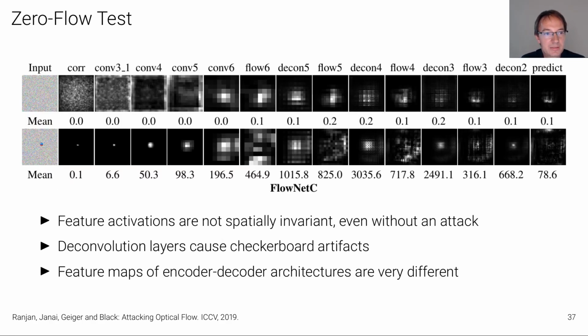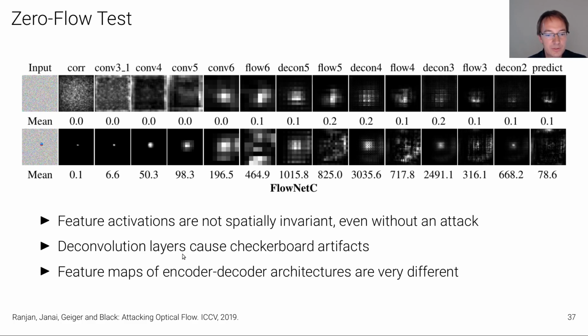Here is the result that we obtain. What you can see on the left is the input, which is a random noise image or a random noise image with the patch. And you can see the visualization of certain feature maps across the network. In this case, the FlowNet-C architecture, the encoder-decoder architecture. What you can observe is that the feature activations are actually not spatially invariant, even without an attack, which is maybe surprising.